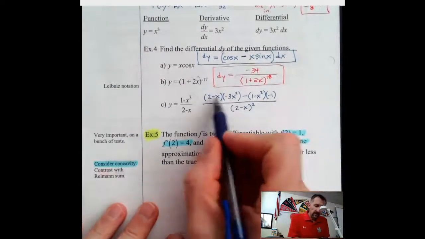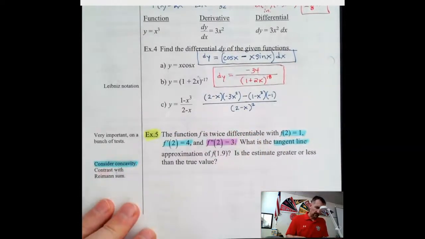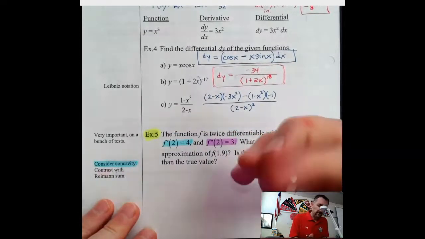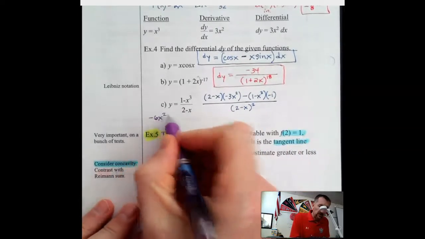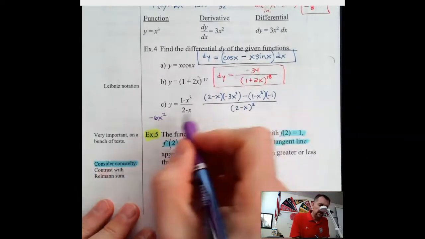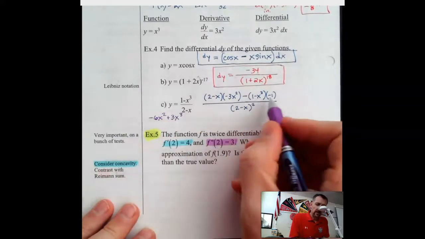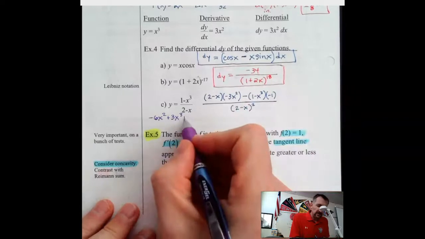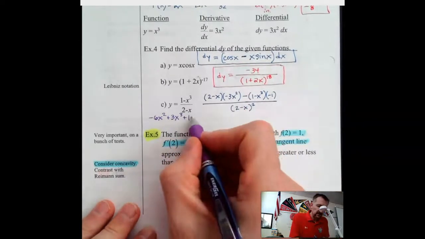So if we multiply this out, that's going to be negative 6x squared plus 3x cubed, minus times a minus, that's going to be plus 1. That's going to be minus x cubed.